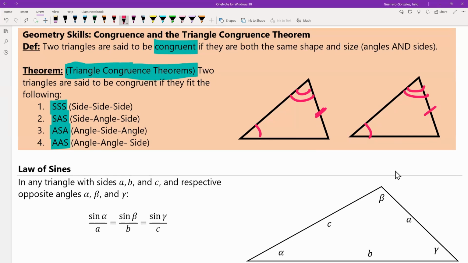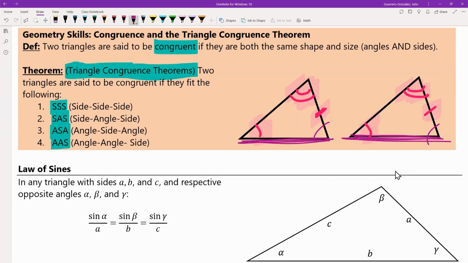So if these two angles are the same, I'm going to highlight in pink this time, and this side is the same, it is very difficult to draw this angle and this angle differently. Actually, it's not possible at all. And that uniquely determines this side, this one down here.